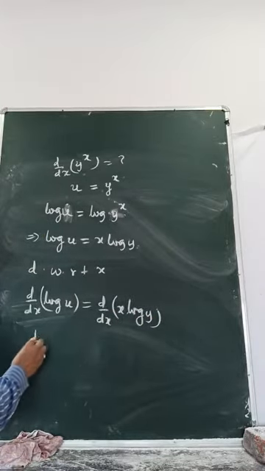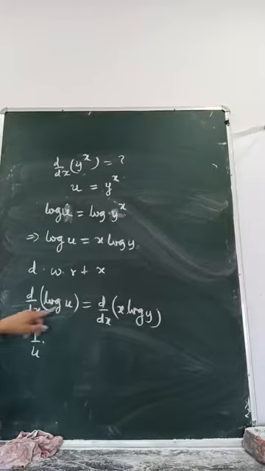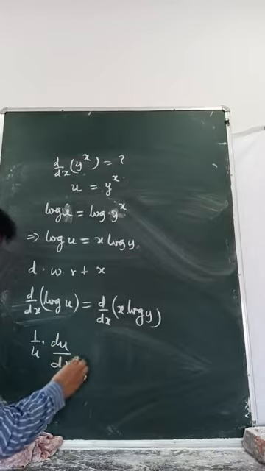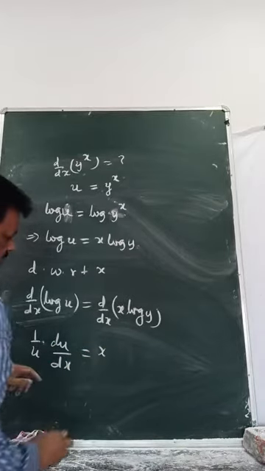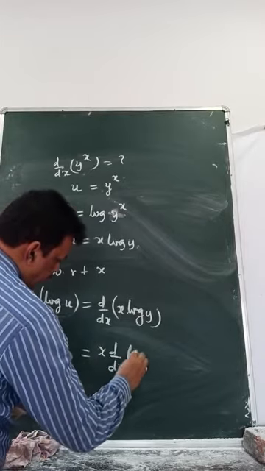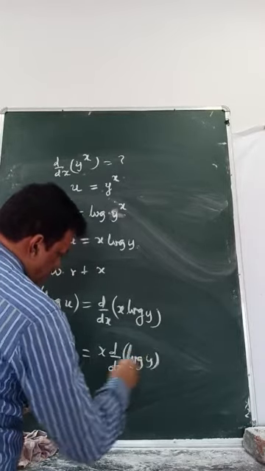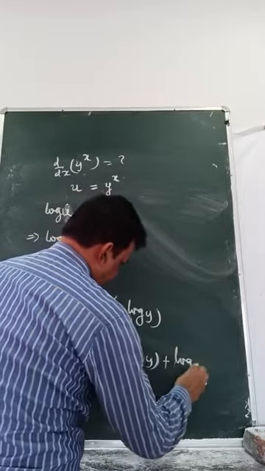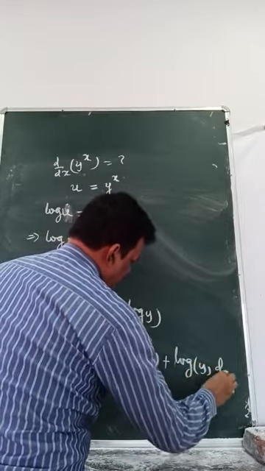Now 1 upon u, du by dx equals first function into derivative of second plus second function into derivative of first.